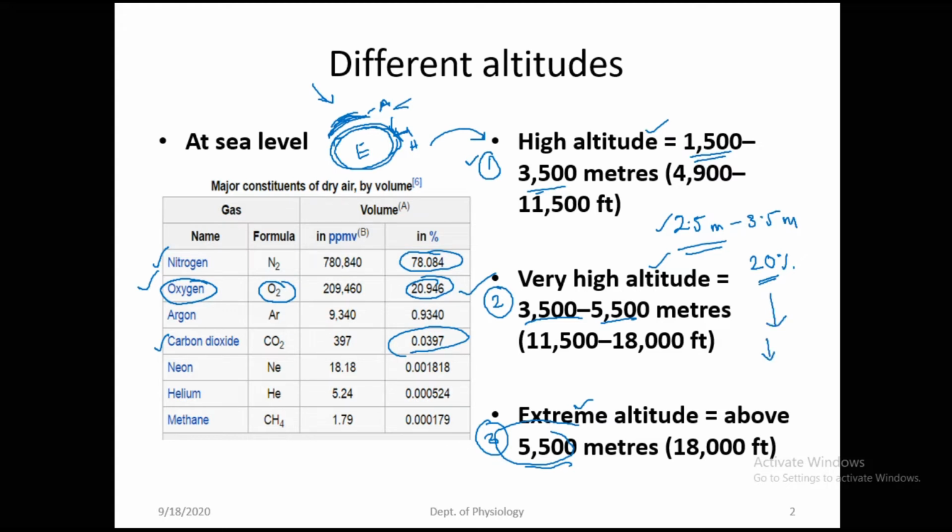So at 2500 to 3500 meters approximately, we may have 14 to 12% oxygen. This is not saturation, but the fractional oxygen percentage. The oxygen content can be 14 to 12% from 2500 meters to 3000 meters altitude from the earth.